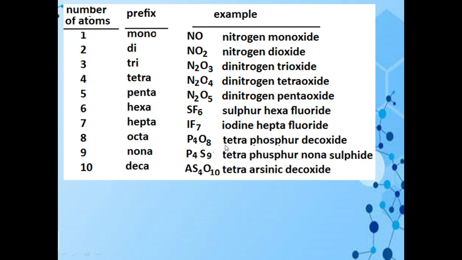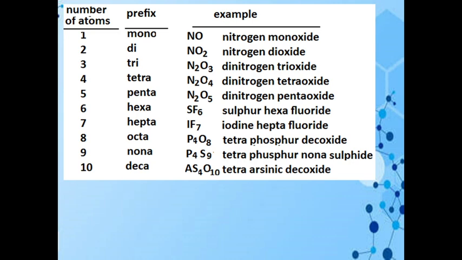Number 8, we have tetraphosphorus octoxide, 4 phosphorus and 8 oxygen. Number 9, we have tetraphosphorus nonasulfide, 4 phosphorus and 9 sulfur.